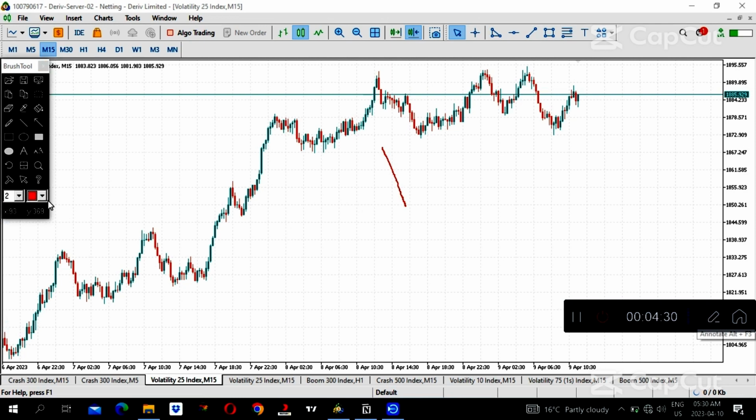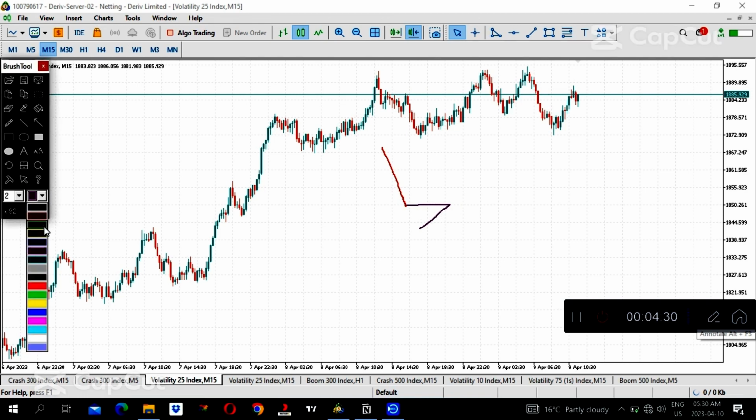And then this pullback, this time let me start by drawing the triangle shapes easily. So generally it's a symmetrical consolidation.